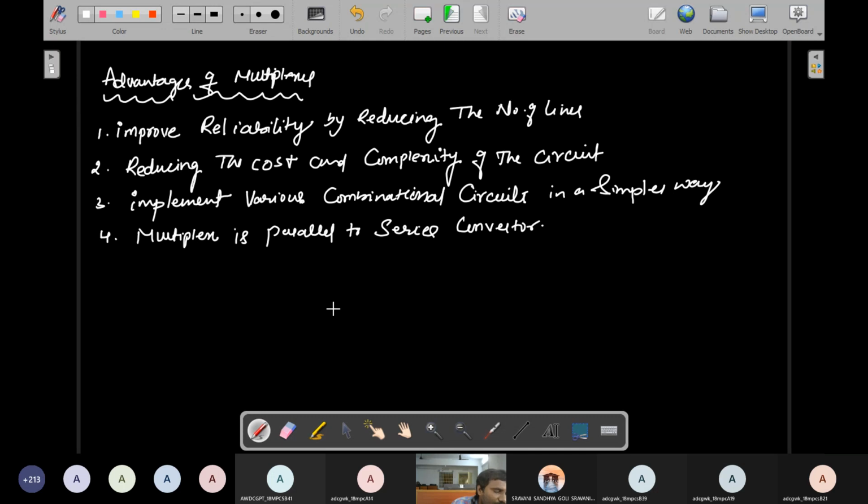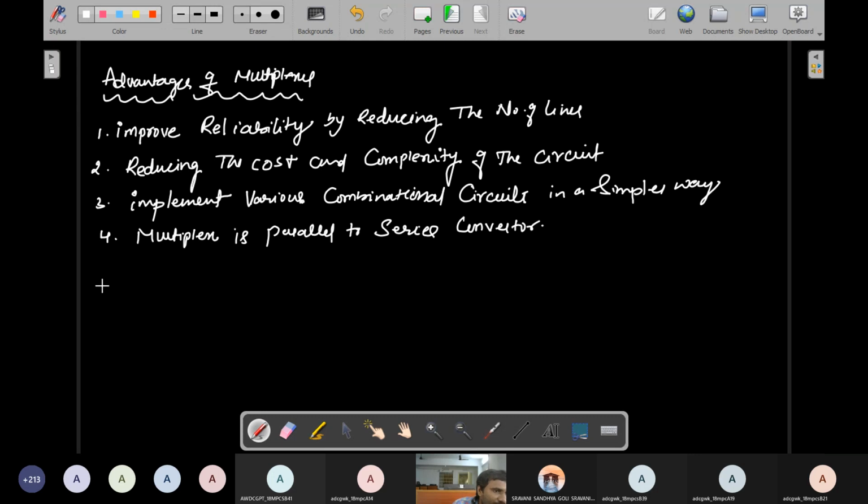And the next topic is applications of multiplexer. So in which field multiplexers are very useful. So please note everybody, I'll move to the next page.